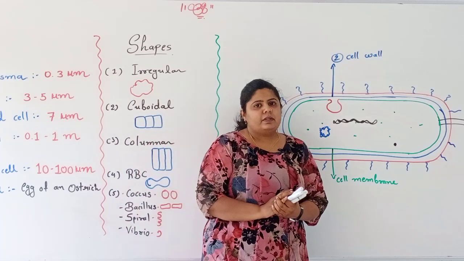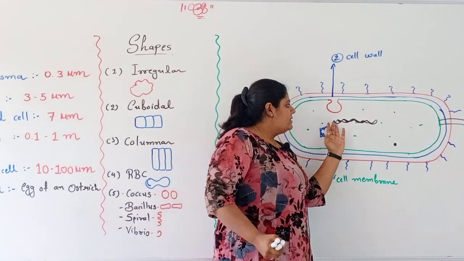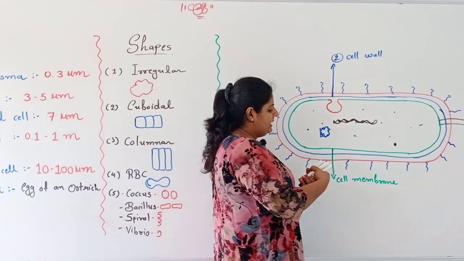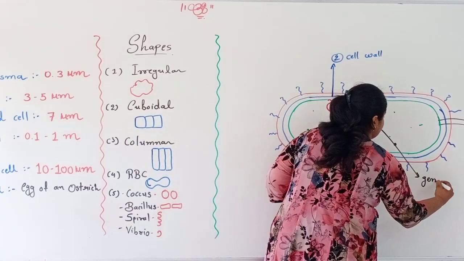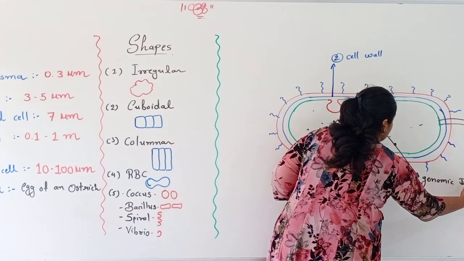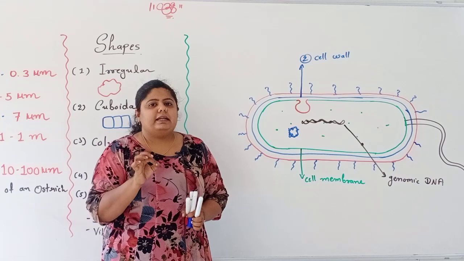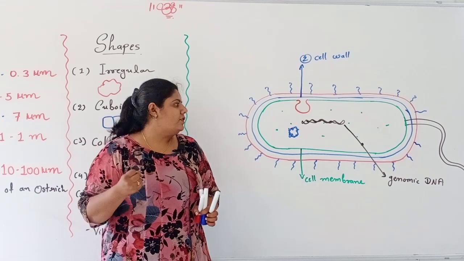So, as you know, in prokaryotic cell, DNA is very short, so it lies freely in cytoplasm. This main DNA is called genomic DNA. Students, what is the function of genomic DNA? To transfer bacterial characteristics and control all activities of bacteria.